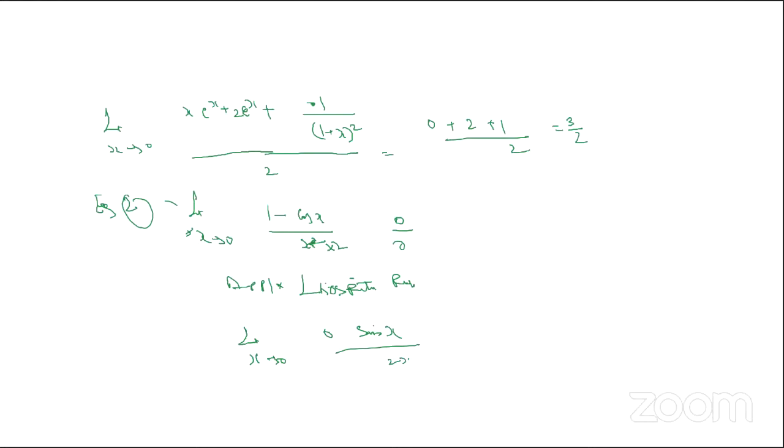That implies 1 by 2 you take outside. Limit x tends to 0, sin x by x. From standard limits, sin x by x is 1.